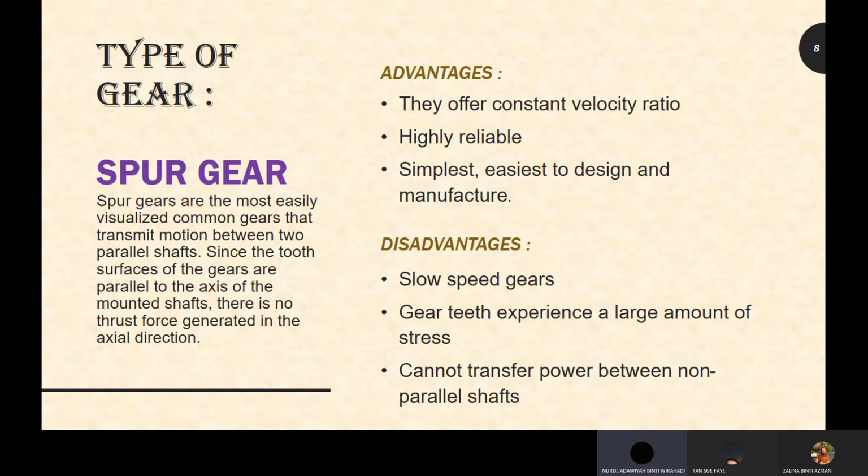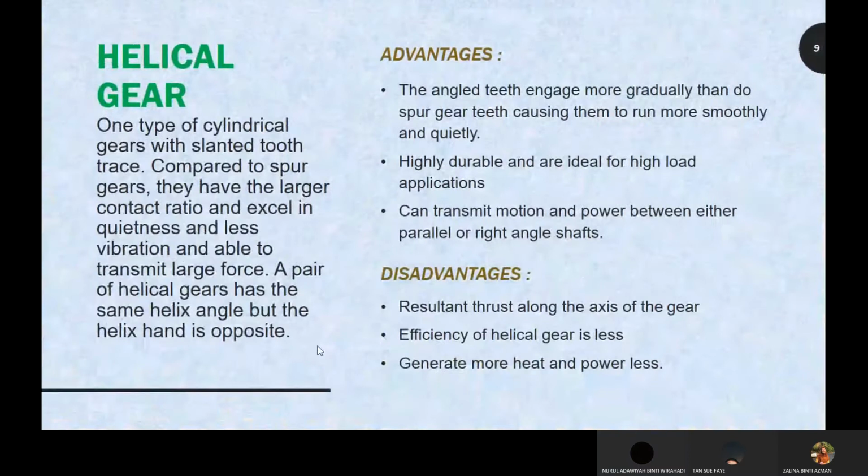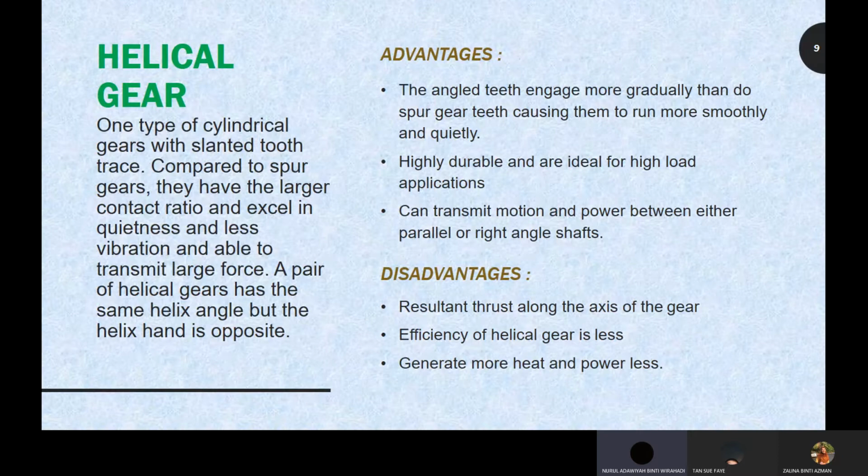Second type of gear is helical gear, one type of cylindrical gear whose teeth are twisted. Compared to the spur gear, they have a larger contact ratio and excel in quietness and less vibration, and are able to transmit larger force. A pair of helical gears has the same helix angle, but the helix hand is opposite.